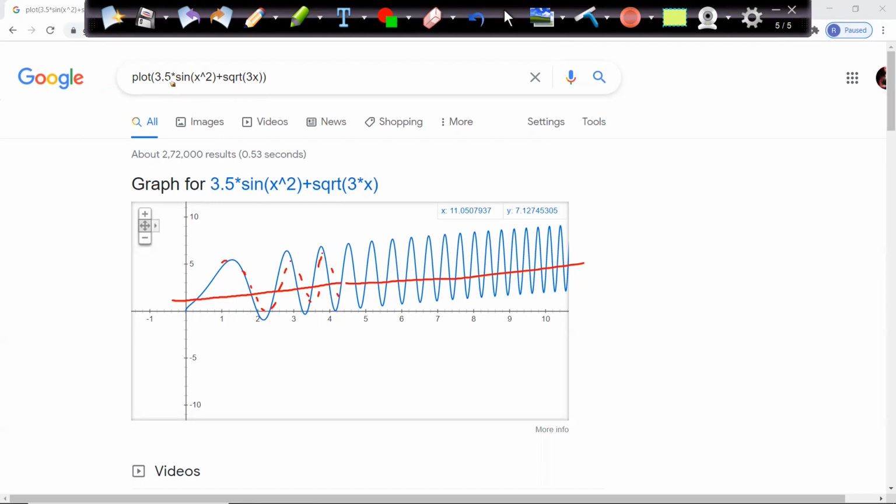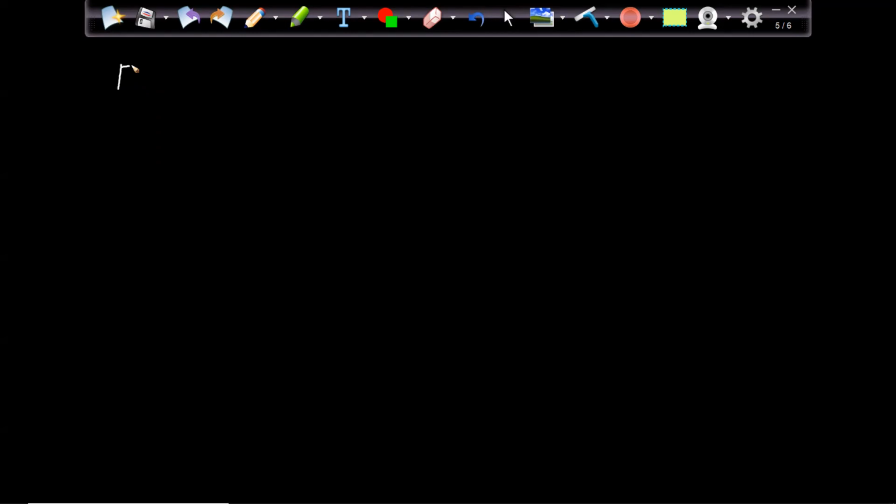So one function is multiplication, second is sine, third is square, fourth is plus, and fifth is square root. These are the 5 functions we are applying in this particular mathematical equation. Let's say I have my function 1, which is doing the addition.